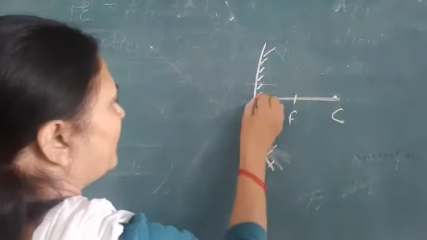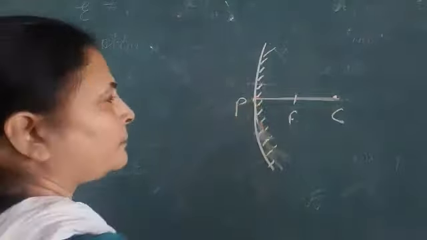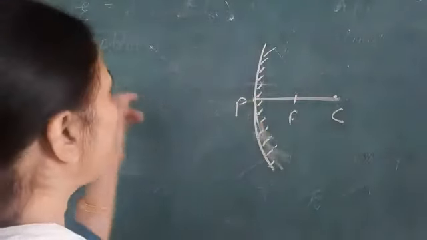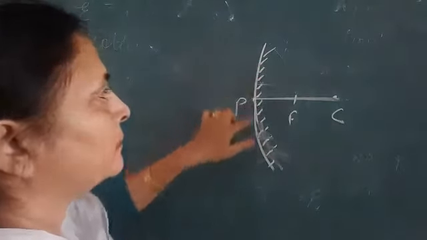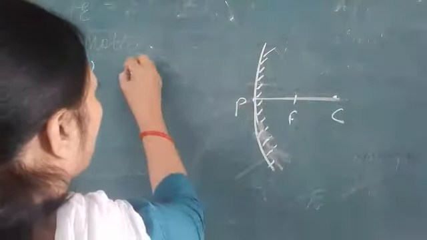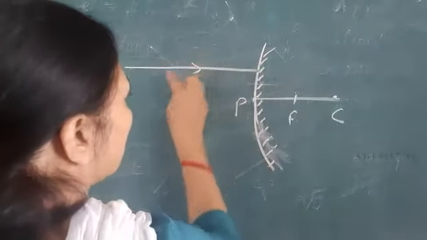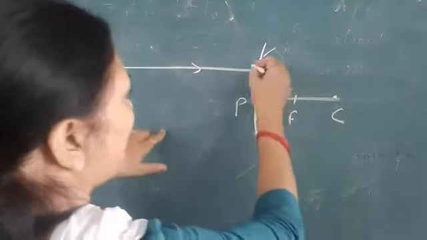Focus midway. This is the pole. Now the incident ray will be coming from this side because this is the reflecting surface. So say a ray of light is coming parallel to the principal axis.